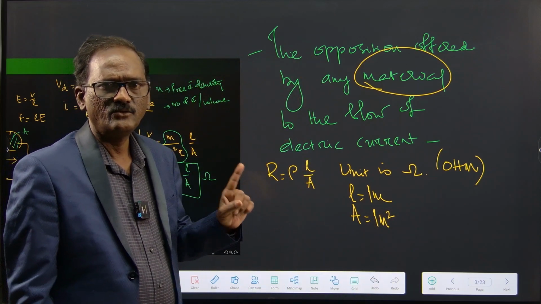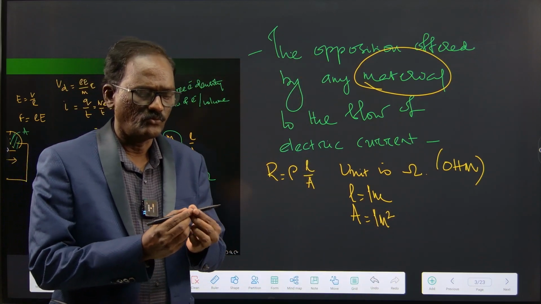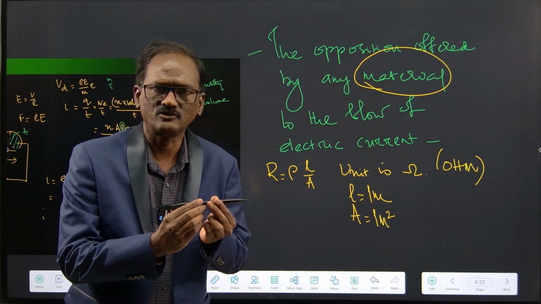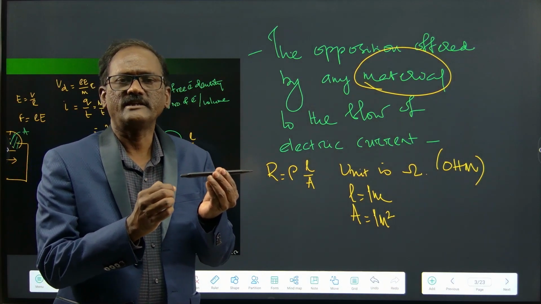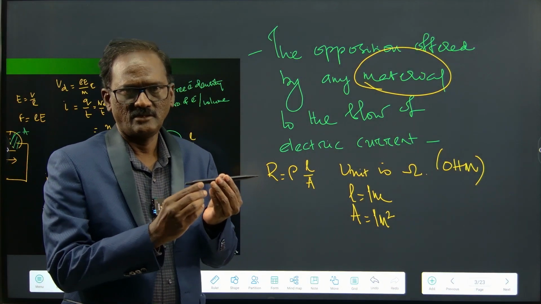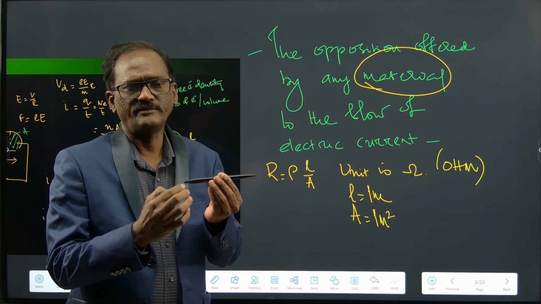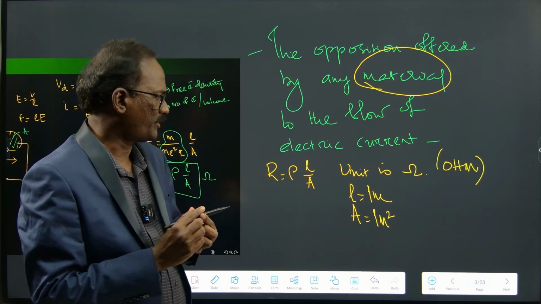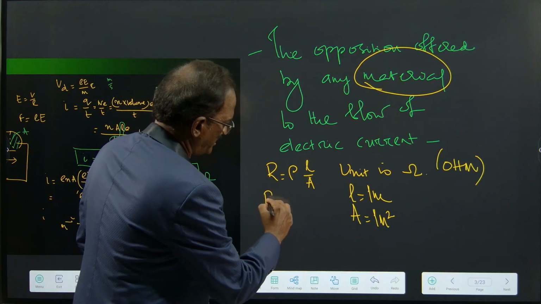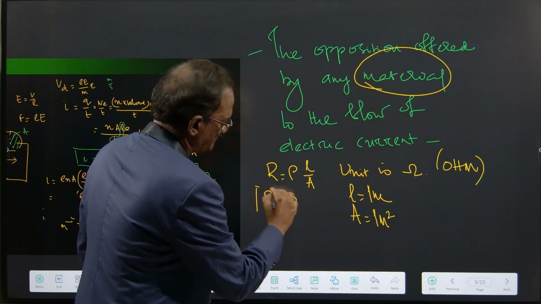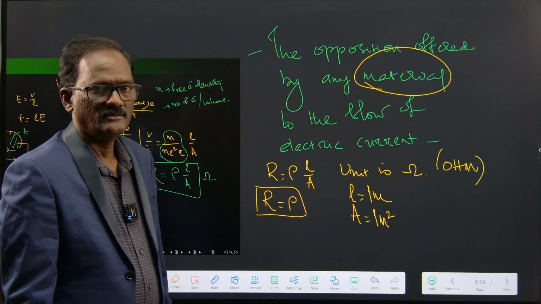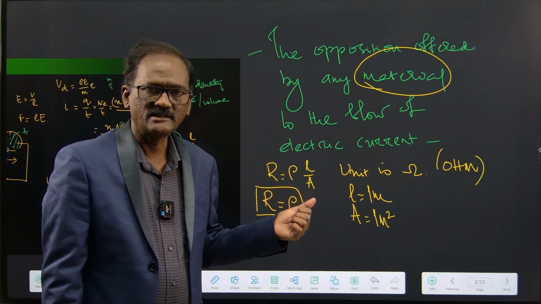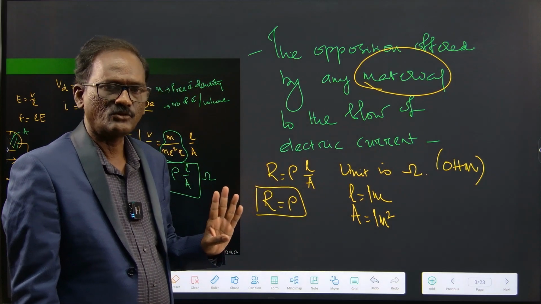That is, I have chosen a conductor of 1 meter length and 1 meter square area of cross section. Then R will be equal to rho. If you take one conductor such that its values are 1 and 1, R is equal to rho.